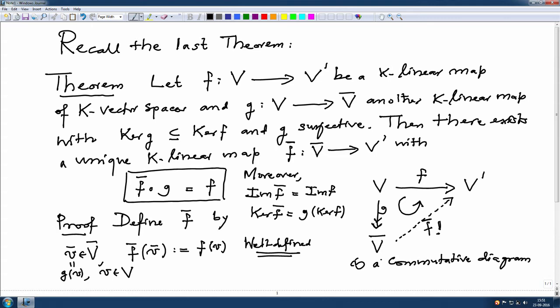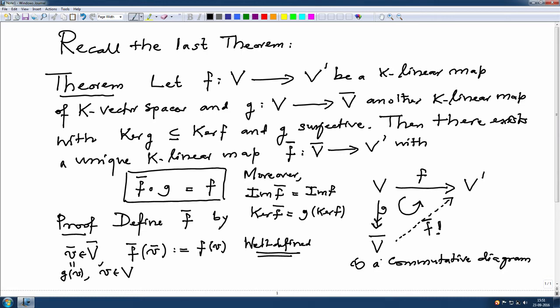You take any element here, put it here, and conversely similarly for this. So, this was the last theorem, and I want to use this theorem to deduce now some more assertions which will be very useful for us.